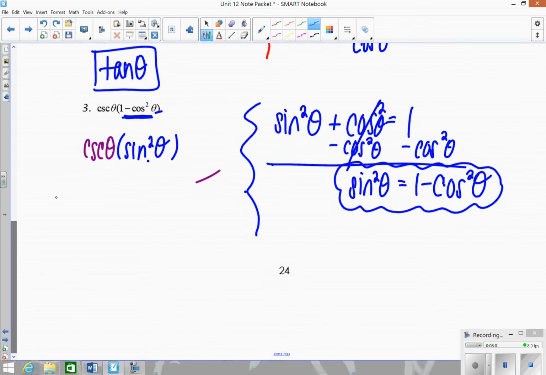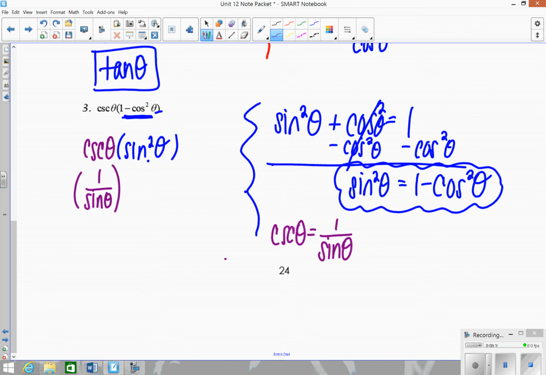And now when I look at this, I still have two different trig functions, so I need to replace one of these other things. Right away I see cosecant as something that I should replace, and cosecant is equal to 1 over sine. So that means I can replace this with 1 over sine. And then I can keep this. And now this is really like being over 1.